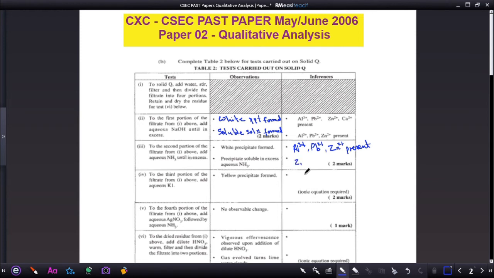So zinc 2+ ion is confirmed because it is soluble in excess, while aluminum and lead are insoluble in excess. Only zinc would form a soluble solution or a colorless solution in excess ammonia. Part 4, to the third portion of the filtrate from 1 above, add aqueous potassium iodide.